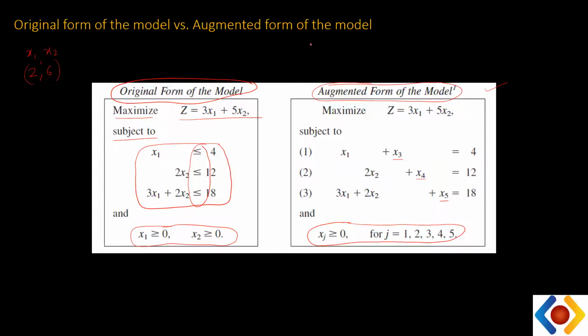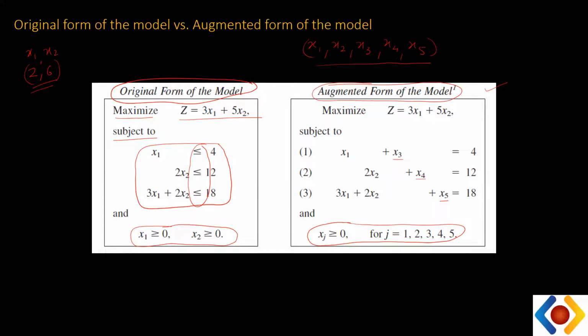So the solution is going to be in this form: x1, x2, x3, x4, x5. It is called an augmented solution because we use the augmented form of the model, and the solution that comes out is not just 2 values but a set of 5 values. Are you all clear about this point?